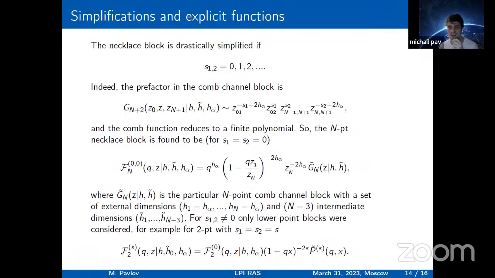So first of all, there was a paper on this type of blocks, but they consider only degenerate representations of SL2. So basically H is minus J divided by 2 when J is integer and it's not 0.